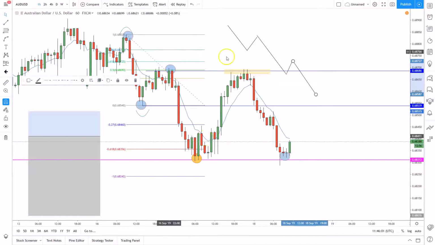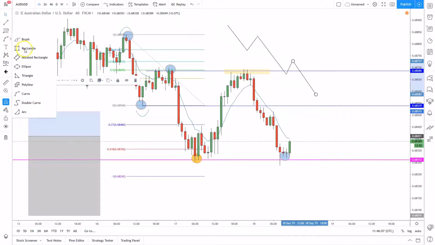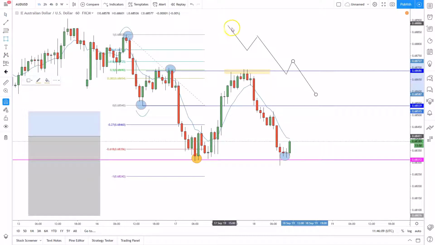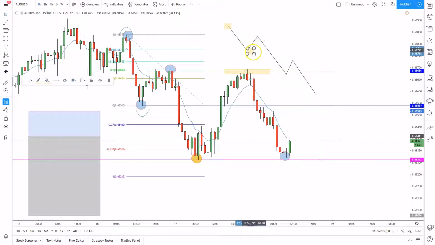So in terms of a price structure, so that's represented by that, and then that is represented by this, and our entry was here.